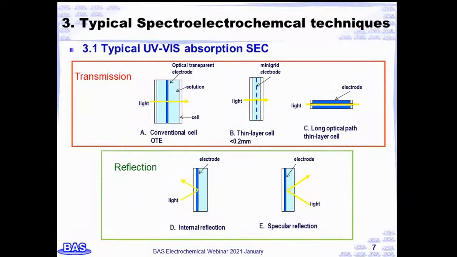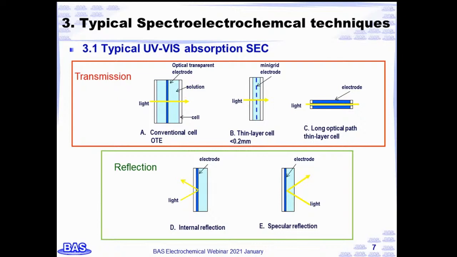The basic spectroelectrochemical methods in the ultraviolet visible regions are mainly used. The typical methods are the transmission method and the reflection method, as shown here.